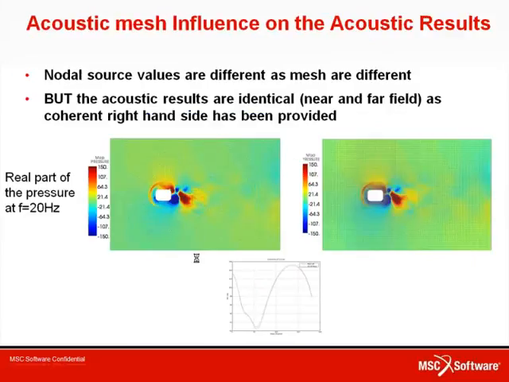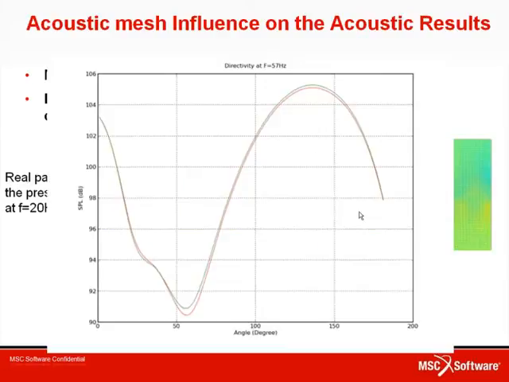But if one looks at the final acoustic results, these acoustic results are almost identical. And this is true for the near-field results, as shown by the map of the acoustic pressure on the computational mesh, but it's also true for the far-field results, the far-field directivity results as shown by the following diagram.